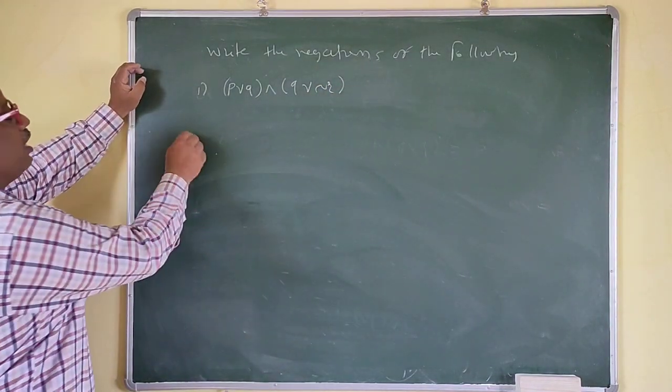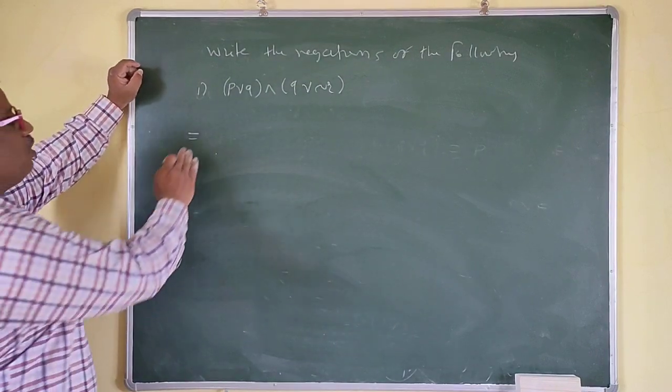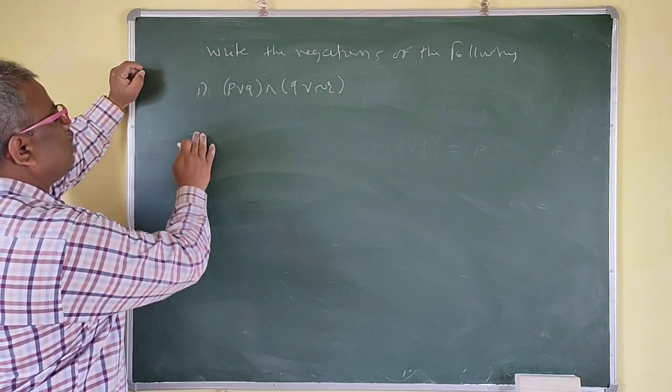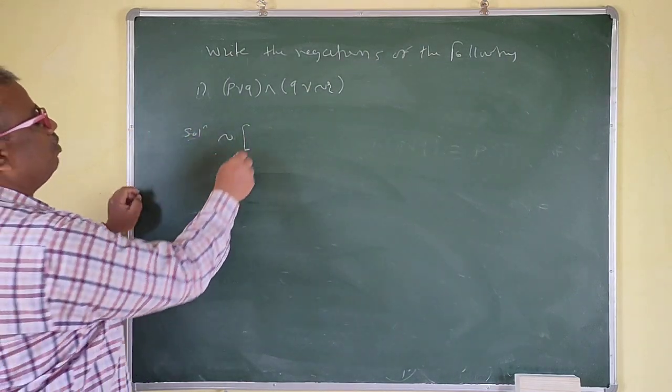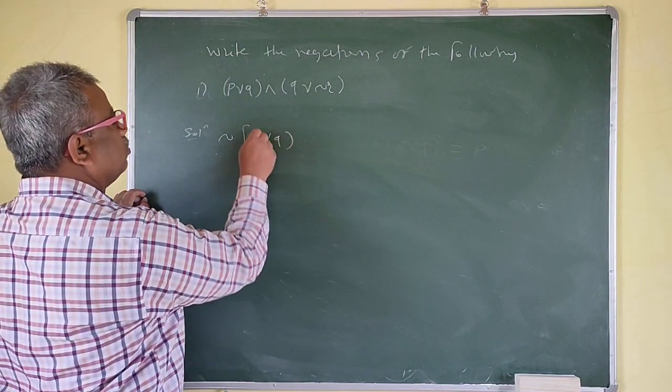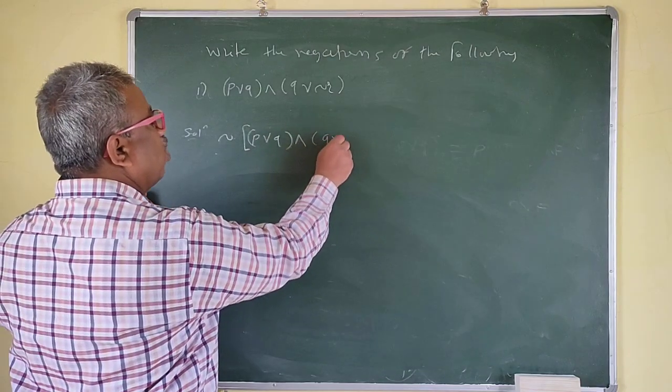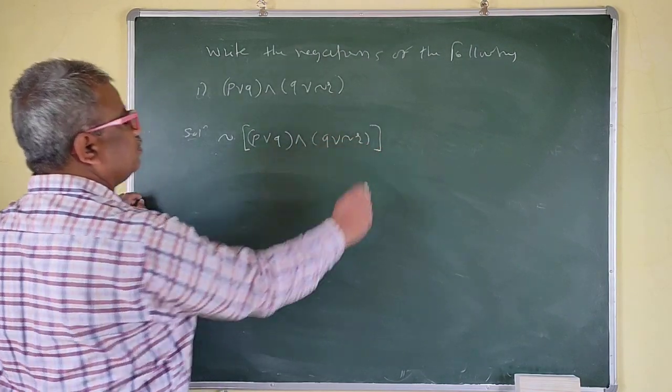So you have to write the negation of this one. Solution: you have to write the negation of (P or Q) and (Q or negation R).